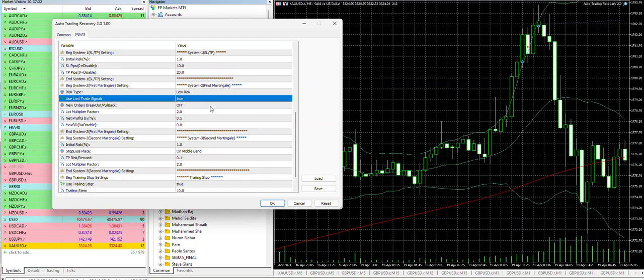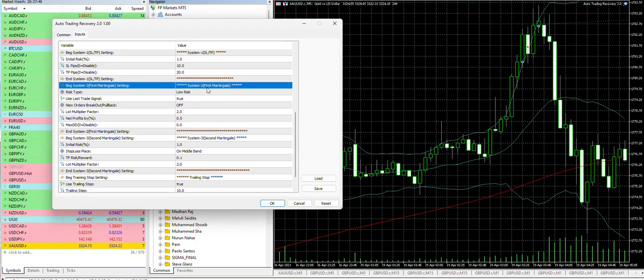So it uses the last trade signal. It will search for the last trade, if it's sell it will enter buy, if it's buy it will enter sell, the opposite. So that's to avoid entering more than one trade.